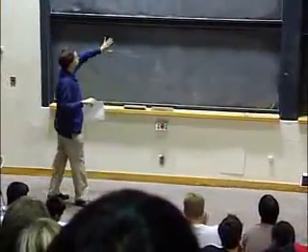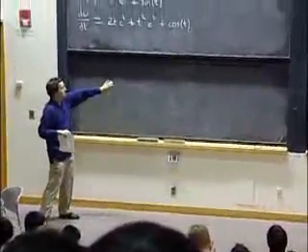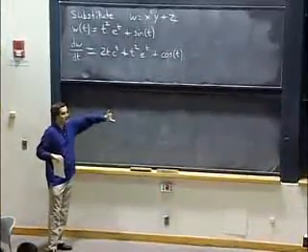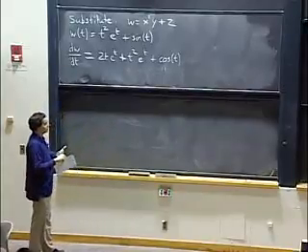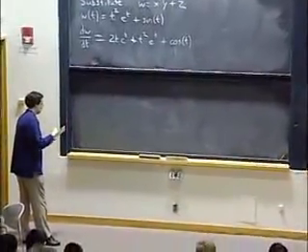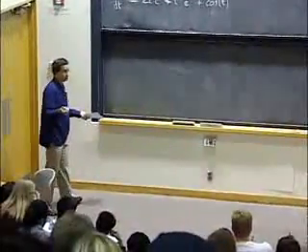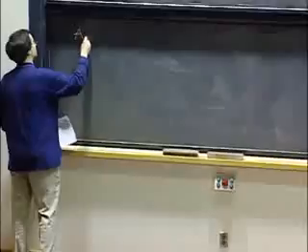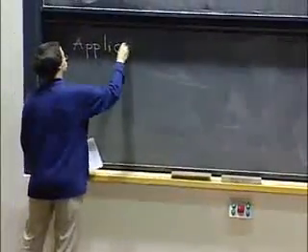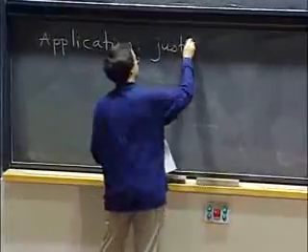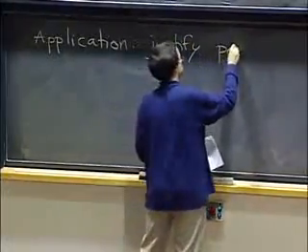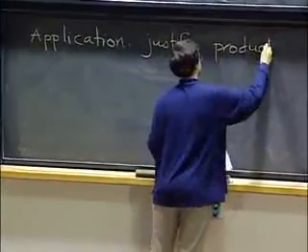What I showed you at the beginning and then erased basically justifies how to take the derivative of a reciprocal function, and for that you didn't need multivariable calculus. But let's try to justify the product rule, for example. So an application of this is to justify the product and quotient rules.